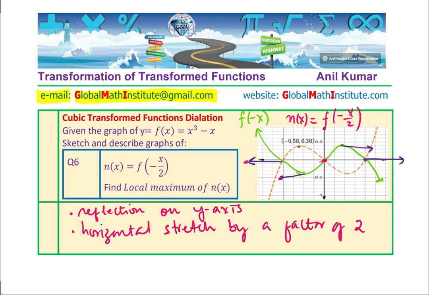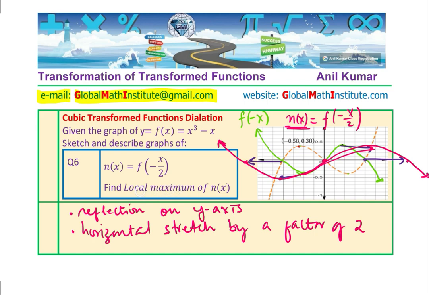When you multiply, 0 will not change, correct? So we have a wider graph like this, as you can see, right? Make sense? So that is the graph of n of x. So you can see how they have stretched.